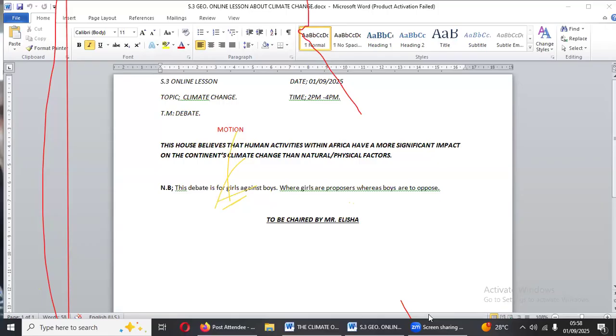The extraction of fossil fuels or minerals. Extraction of minerals. Good. Okay, let me leave it at that.